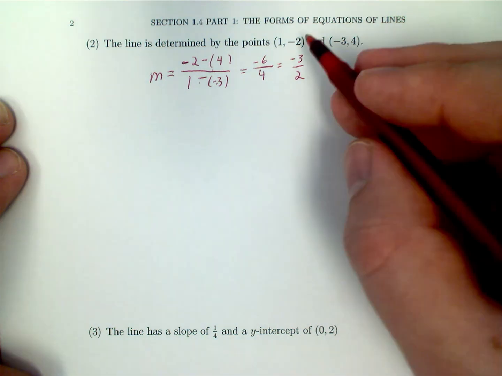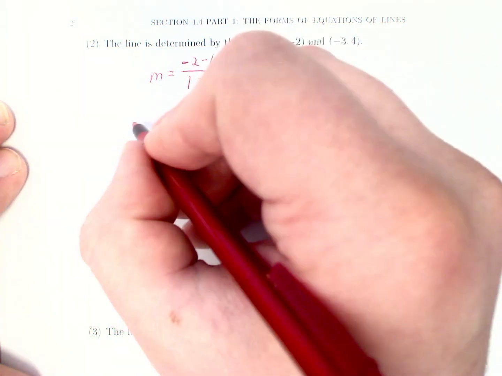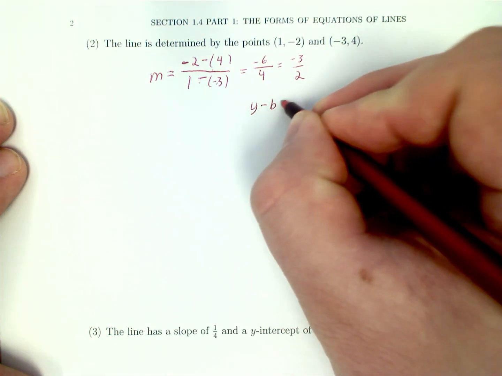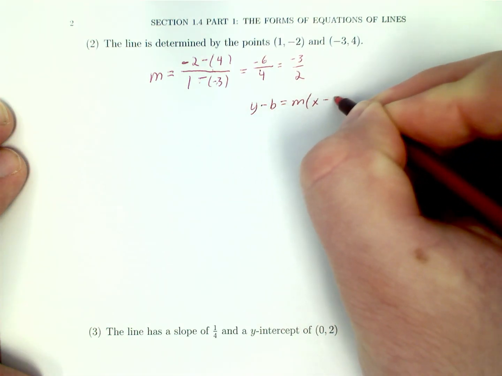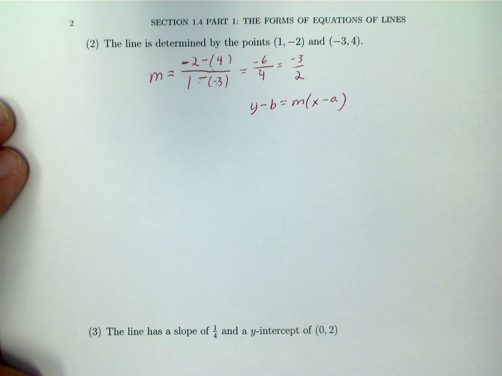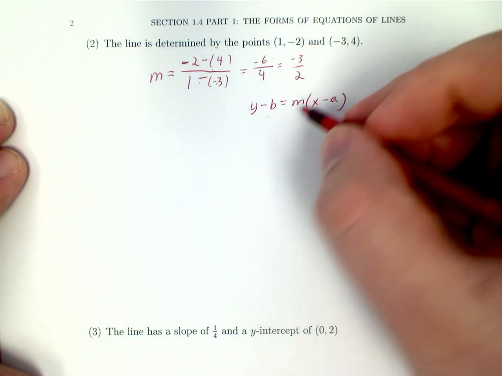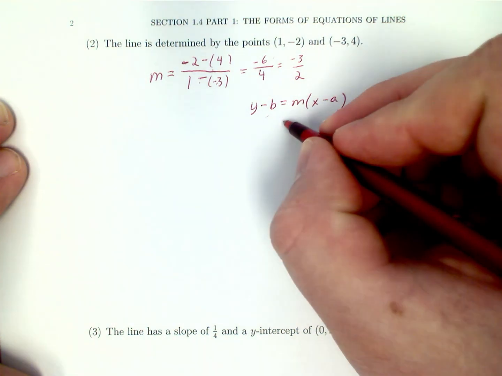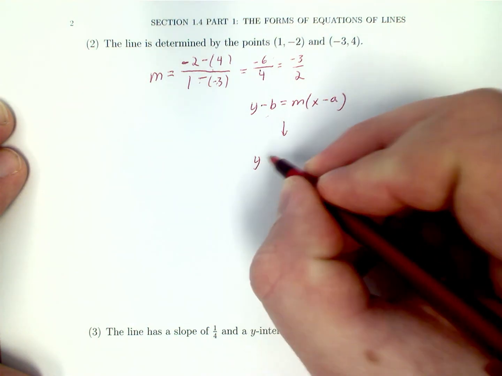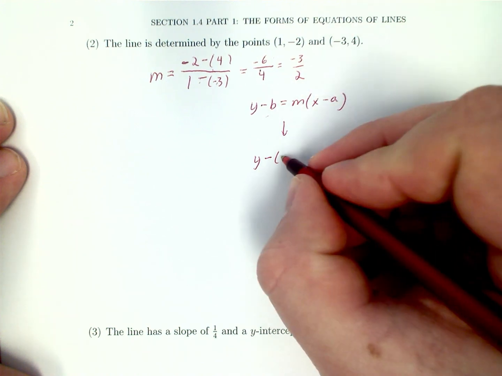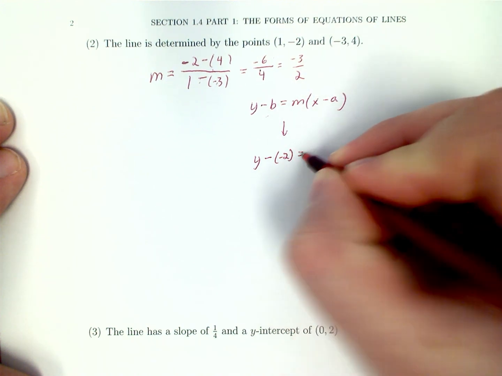Now we have a slope, and we have two points, but we just need one of them. So we can use point-slope form of an equation of a line, y minus b equals m times x minus a. It does not matter which point you use for a and b, as long as you use the x and y from the same point. I'm going to use the one with simpler numbers. When I'm plugging in a negative, I put parentheses for extra clarification.